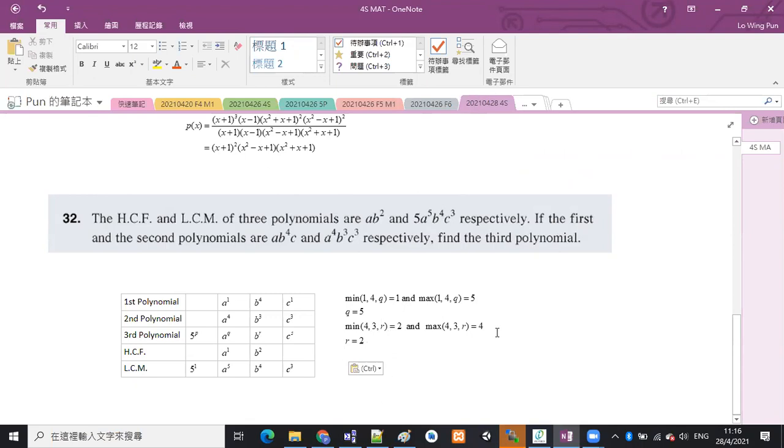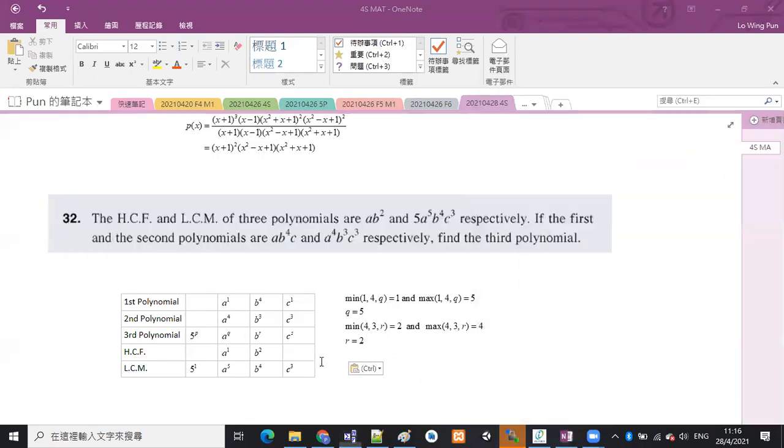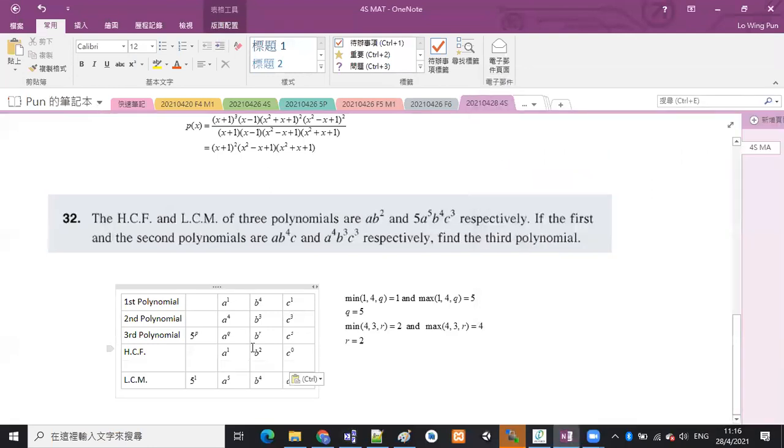And for the c, because there is no factor c in the HCF, we may consider this to be c power 0.